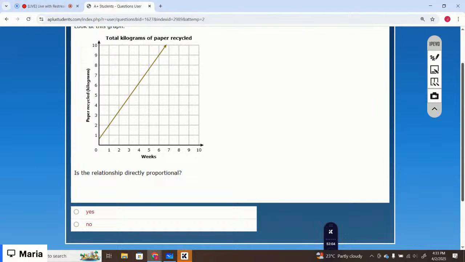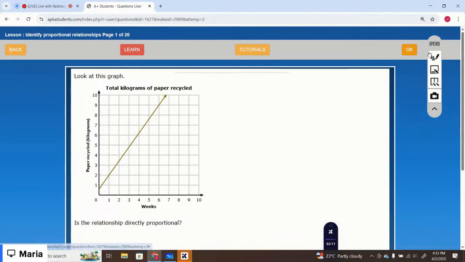No, that is not it, because the graph must be passing through the origin. So no, that is not directly proportional.